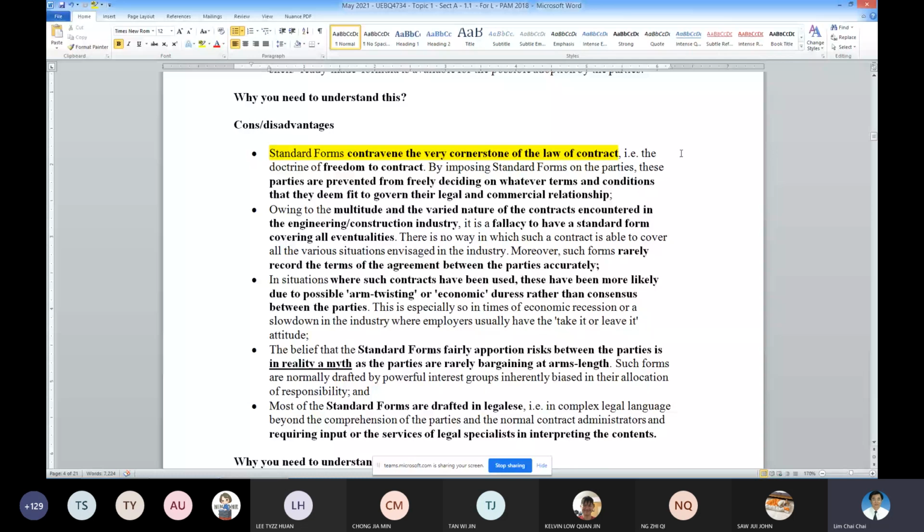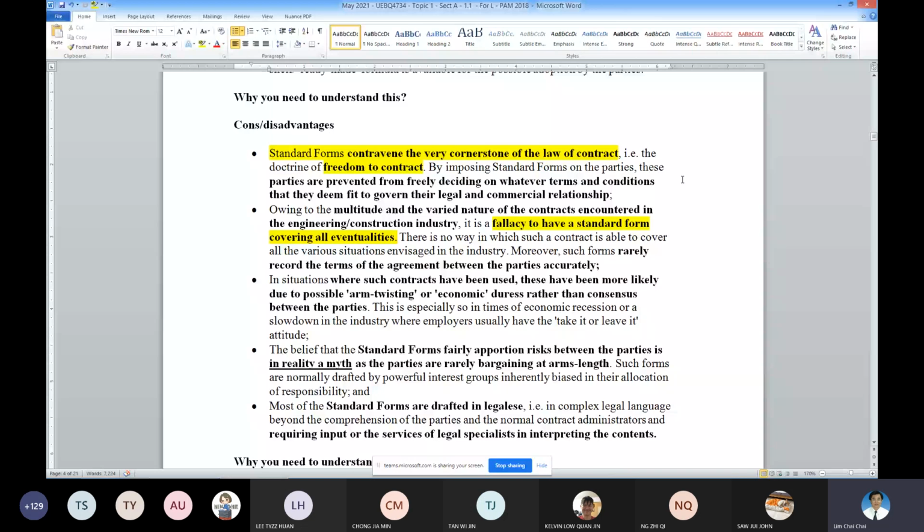This is one of the negative aspects, a disadvantage. Then the standard form cannot cover everything. It just covers some portion of it. It is a fallacy that the standard form can cover everything. It is never true. It only covers certain parts. This is point number 2.